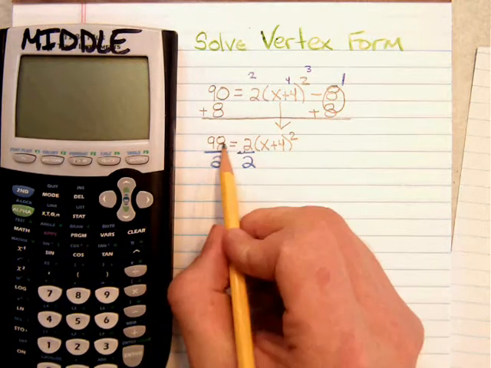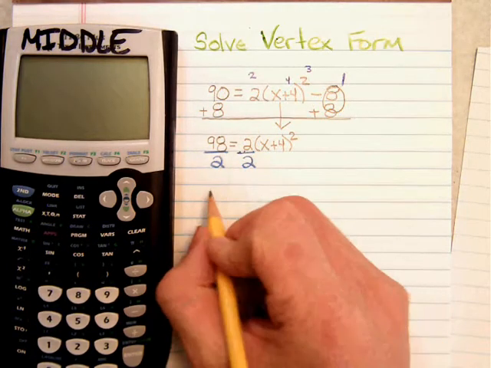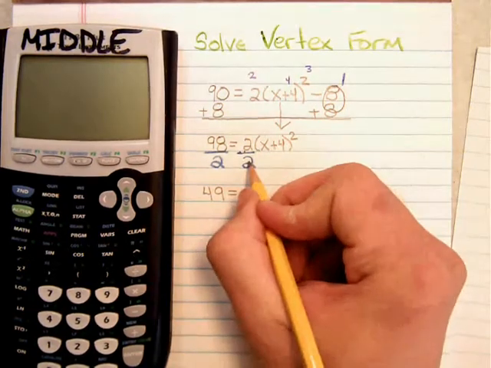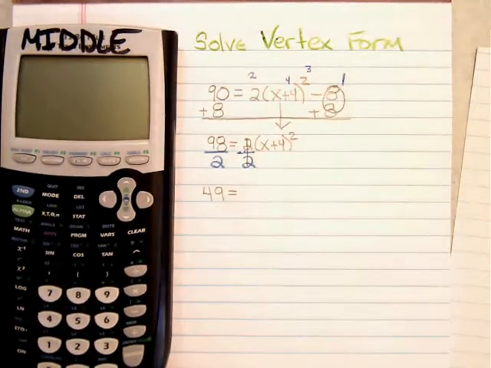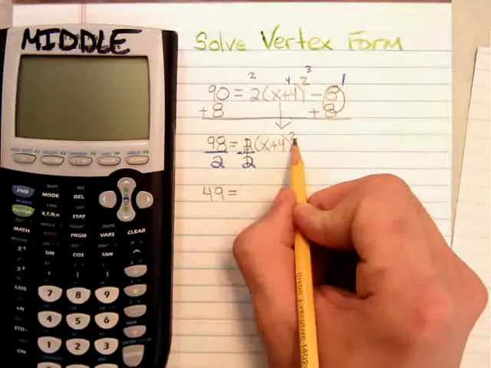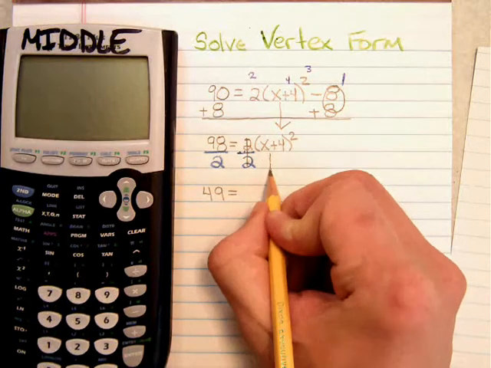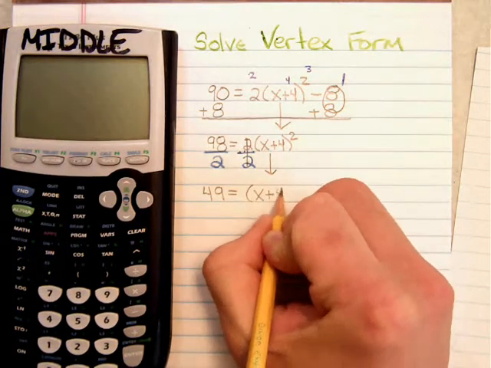We know that 98 divided by 2 is 49 equals, and 2 divided by 2 cancels, becomes a 1, and underneath x plus 4 squared, nothing is happening yet. So I'm going to bring this down one more time. Parentheses x plus 4 squared.